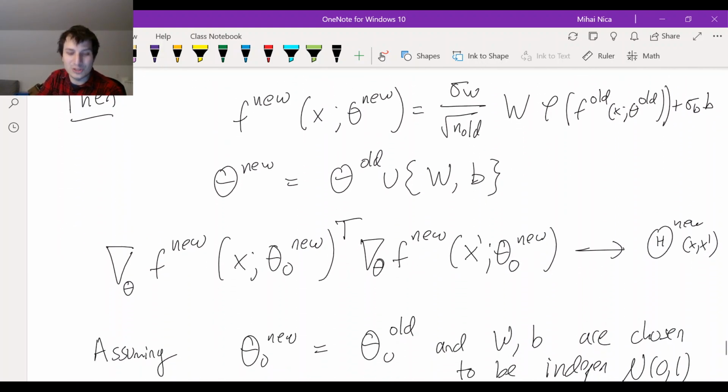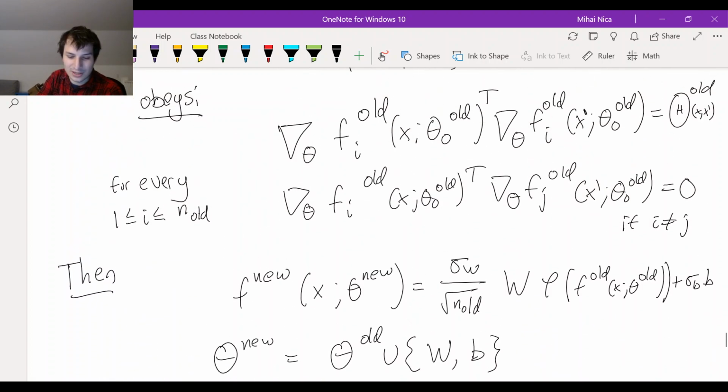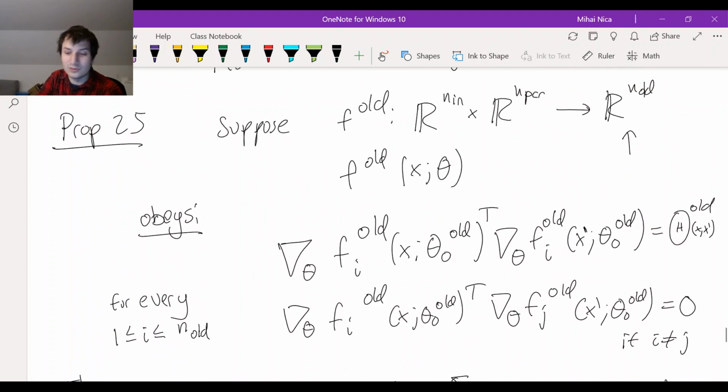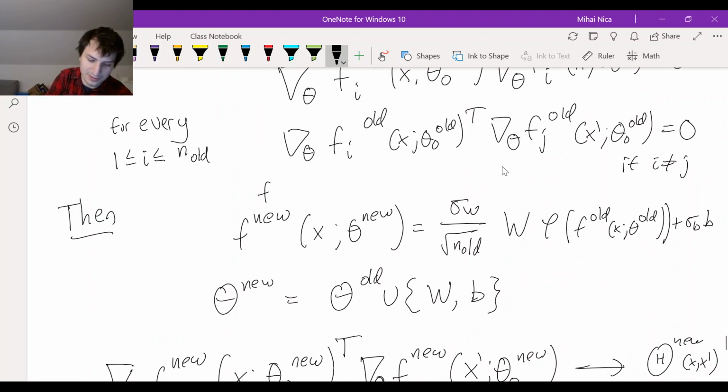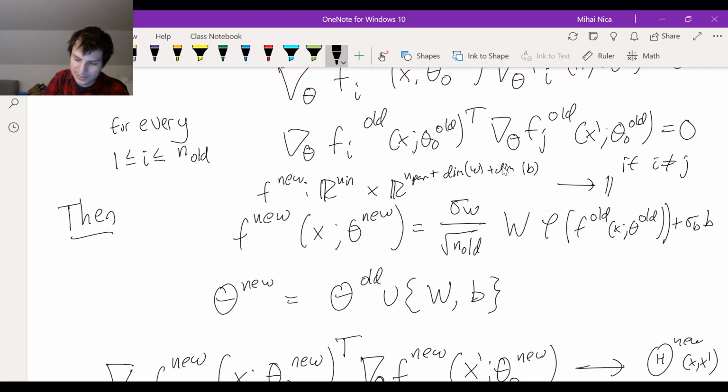Okay, this is a function whose dimension is R^n_new, so this is f_new from R^n times R^(number of parameters plus the number of parameters we added). Let's write that as dimension of W plus dimension of b, and it outputs things in R^n_new.